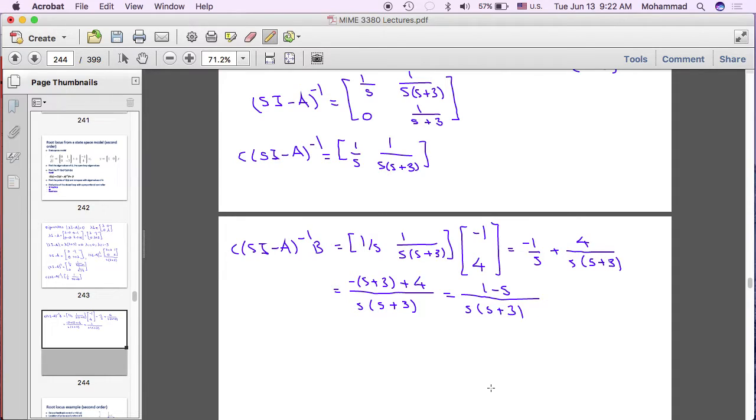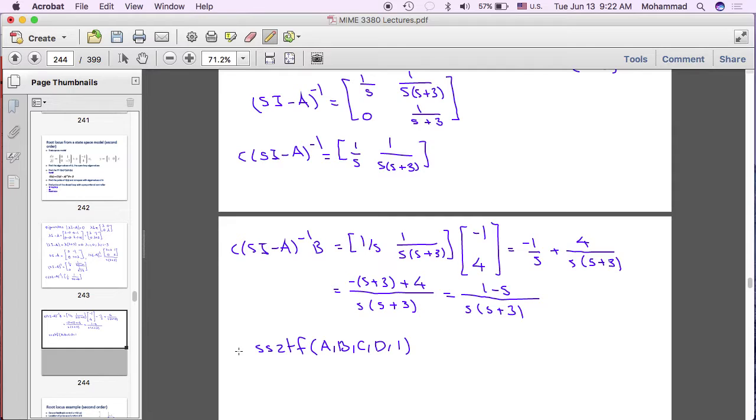The command in MATLAB is called state space to transfer function, ss2tf. For that, you need to give it matrices A, B, C, and D, and tell it which input you want to use if you have multiple inputs. Here we have only one, so by default this would be 1.